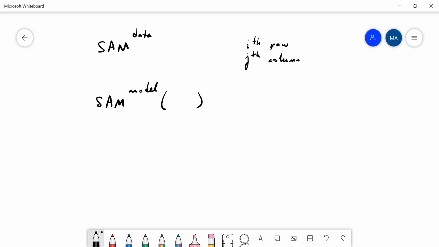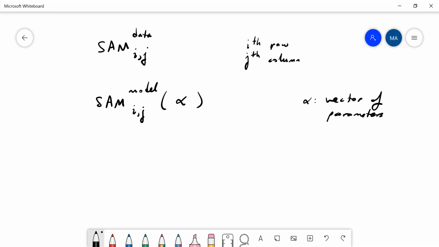So when I write this, it is ij, but now the model SAM depends on the parameters. So alpha is your vector of parameters. Right? So your social accounting matrix, in theory, once you solve the model, right?